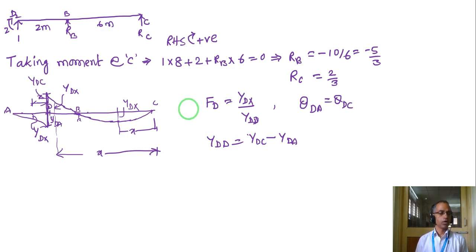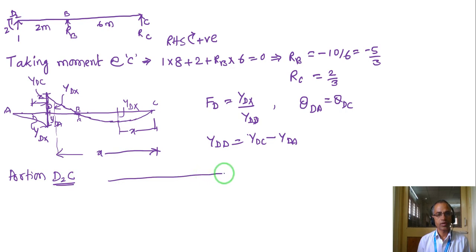Okay, now let us look at one section which is the DC, this portion DC. We can also say D2C because we have separated the D portion into D1, D2.